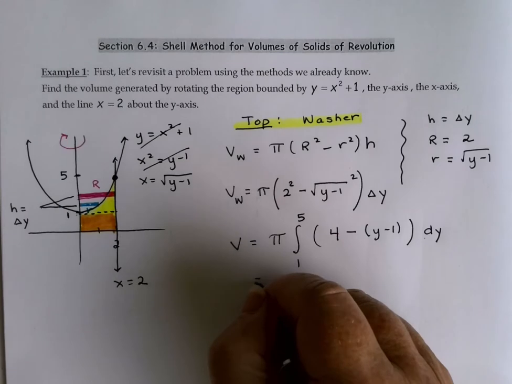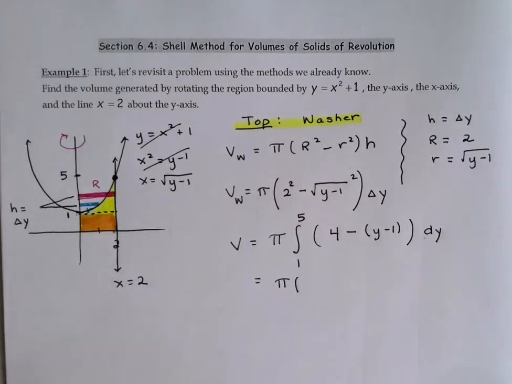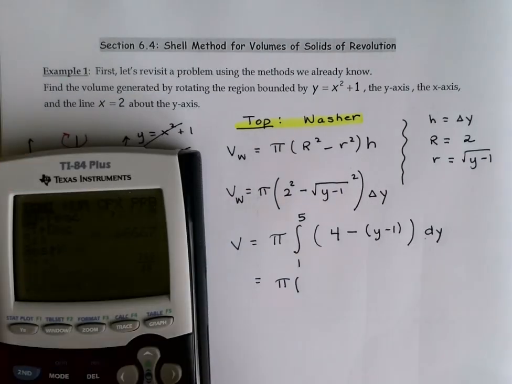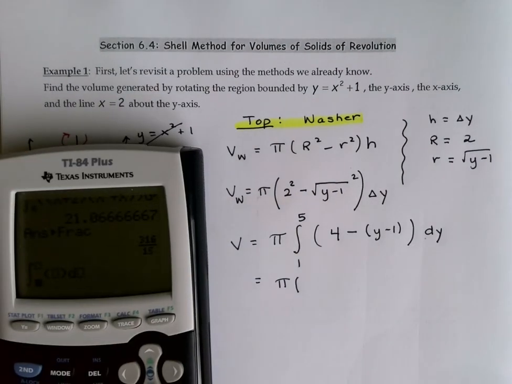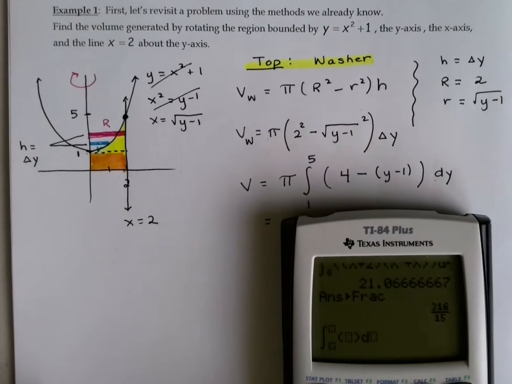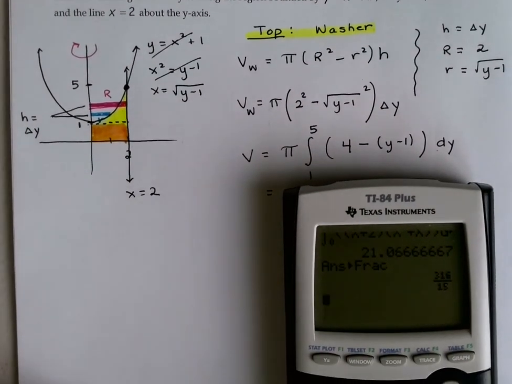All right. Again, not a difficult integral to do, but I'm just going to tuck it in the calculator real quick, just for speed. Oops, that was a 1 to 5.